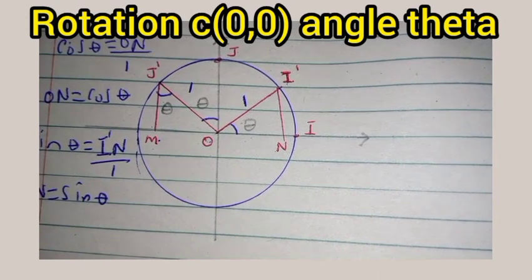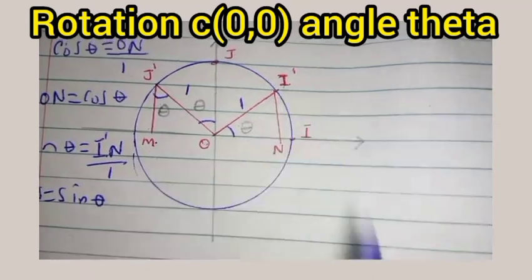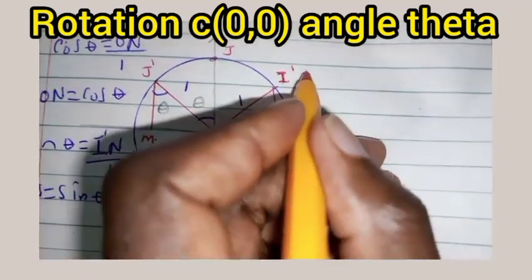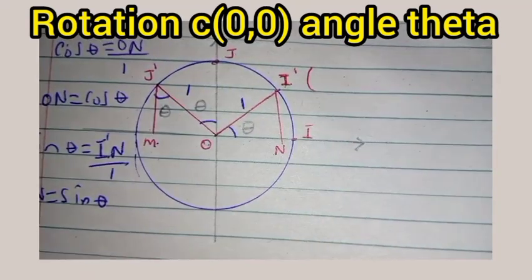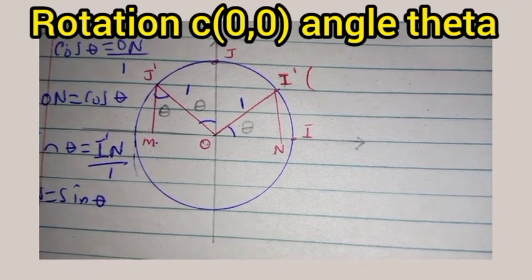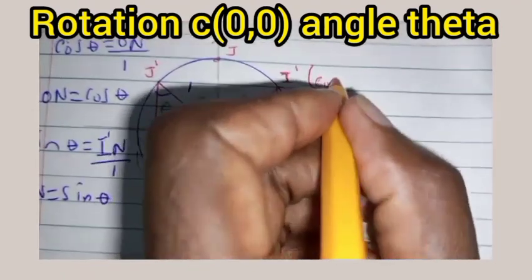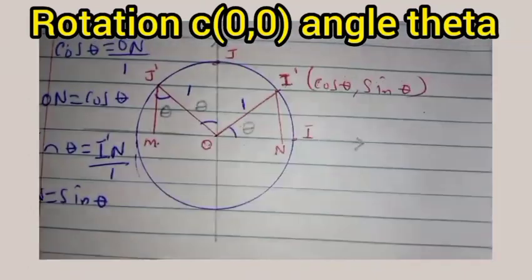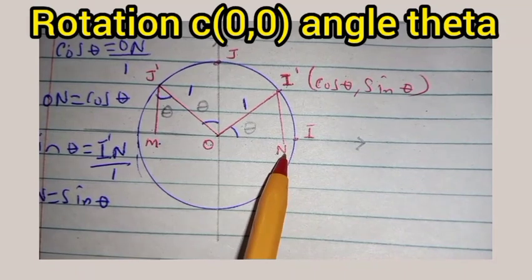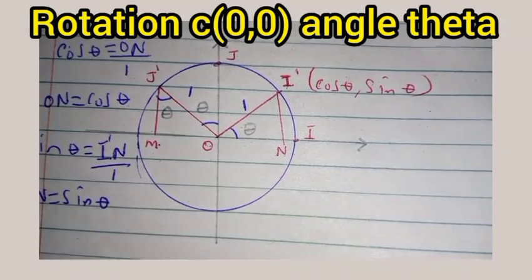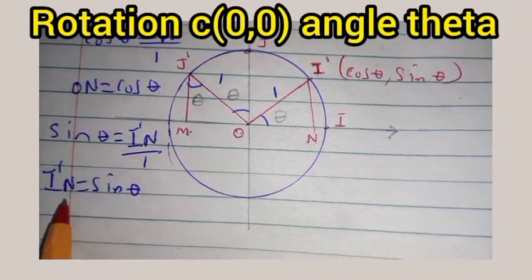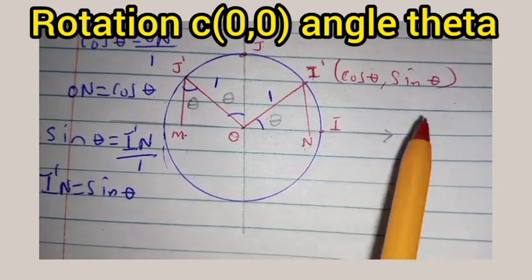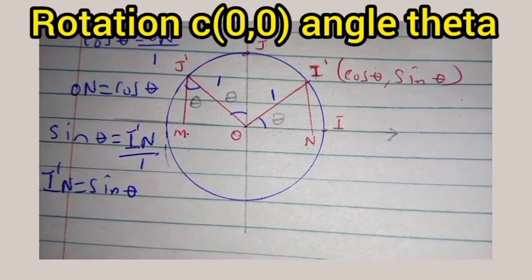So the coordinate of I prime, we can now write as cos theta, comma, sine of theta, because we have obtained that ON is cos theta, and we have obtained our I prime N to be equal to sine of theta. So that is the coordinate.